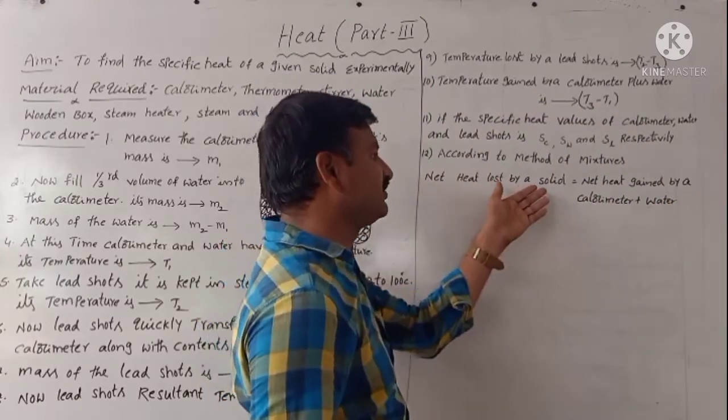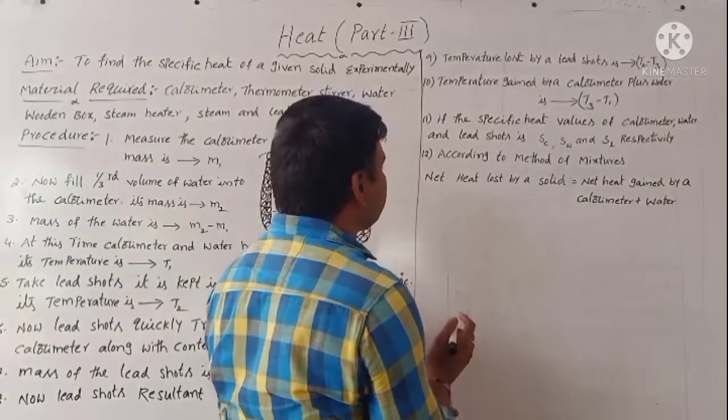Net heat lost by a solid is equal to net heat gained by a calorimeter plus water.